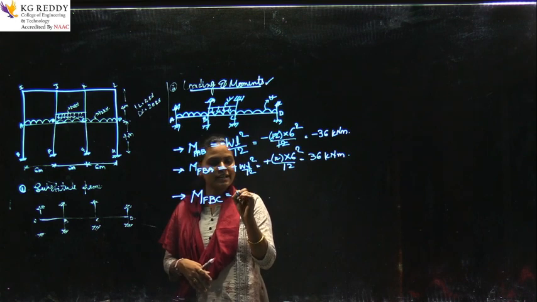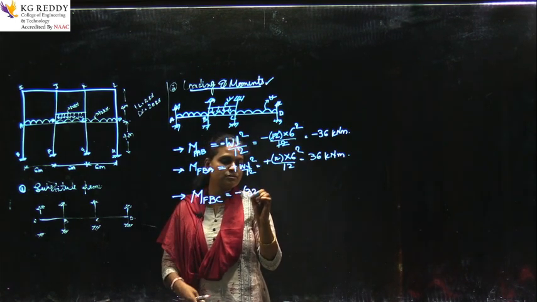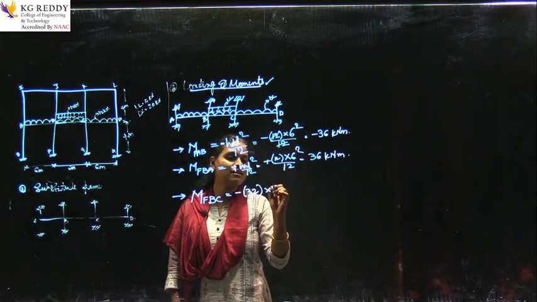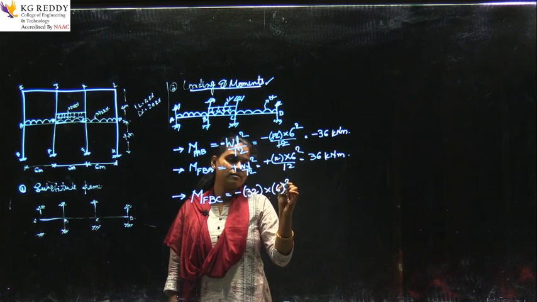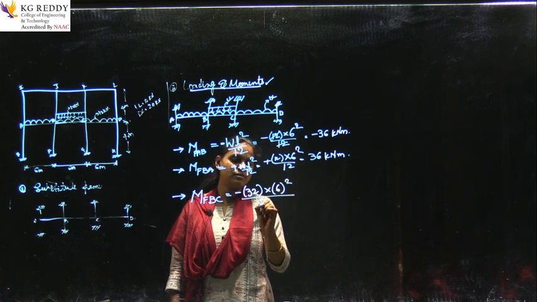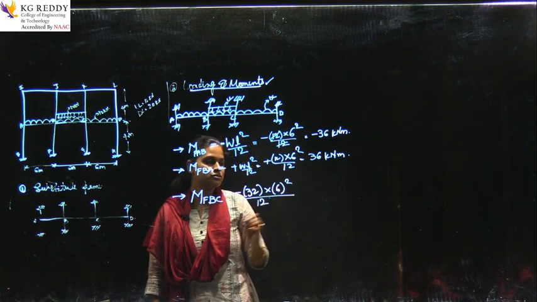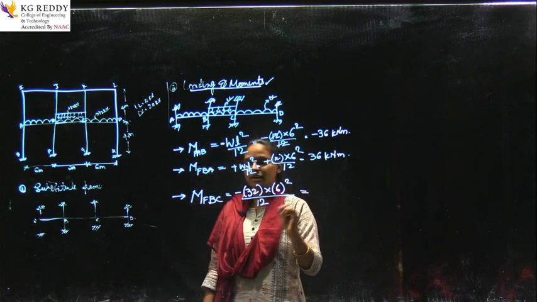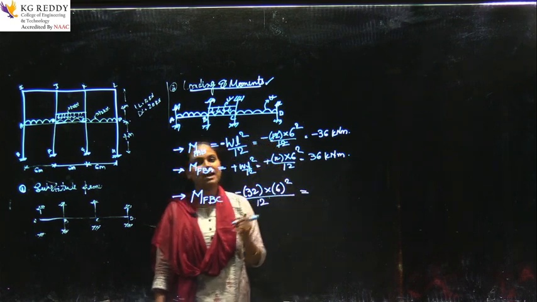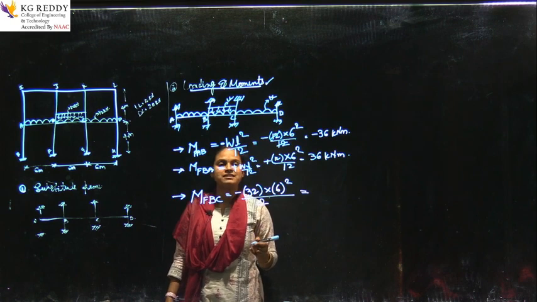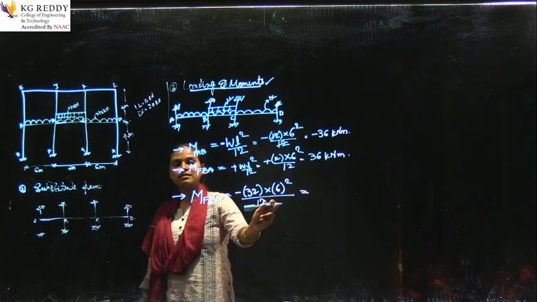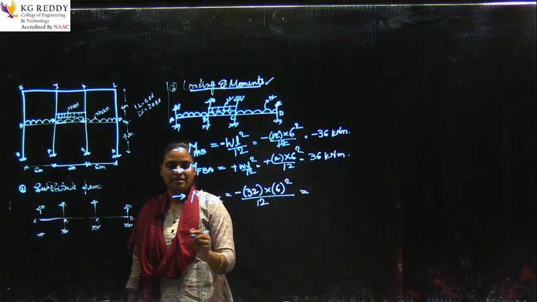So, you will take it as minus 32 into L, 6 square by 12. Okay. So, then you will get the value of this. I want you all to calculate with me, take your calculators and tell the value of the moment along BC.